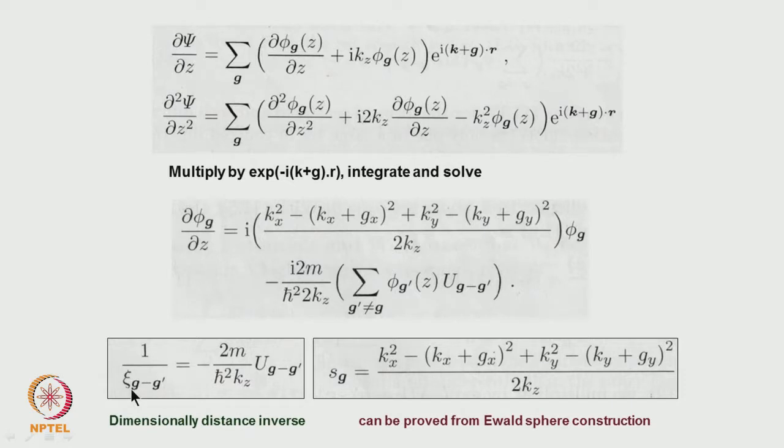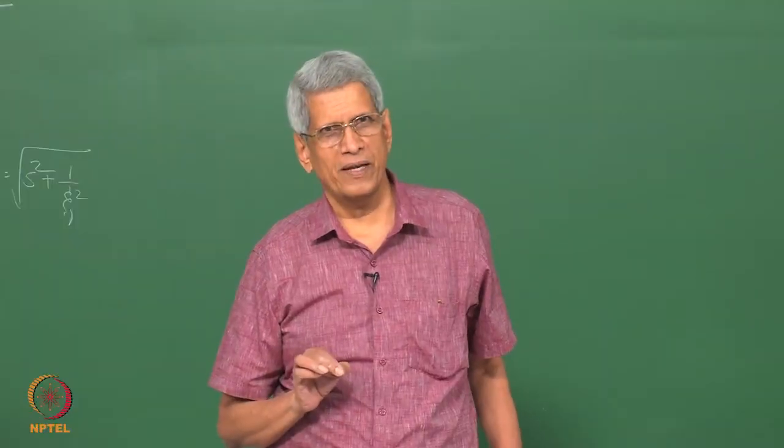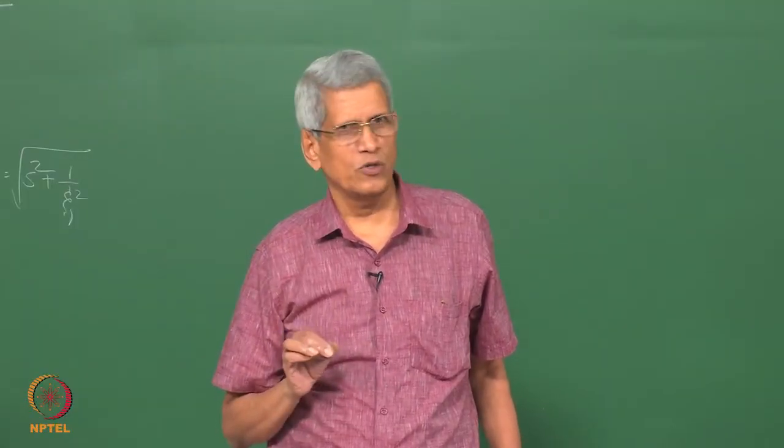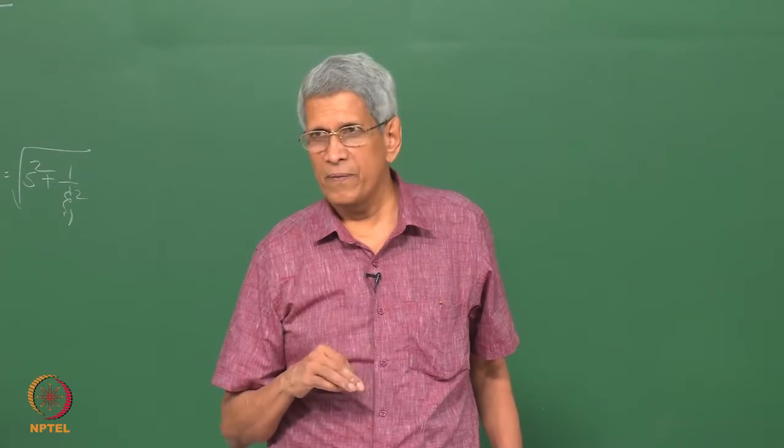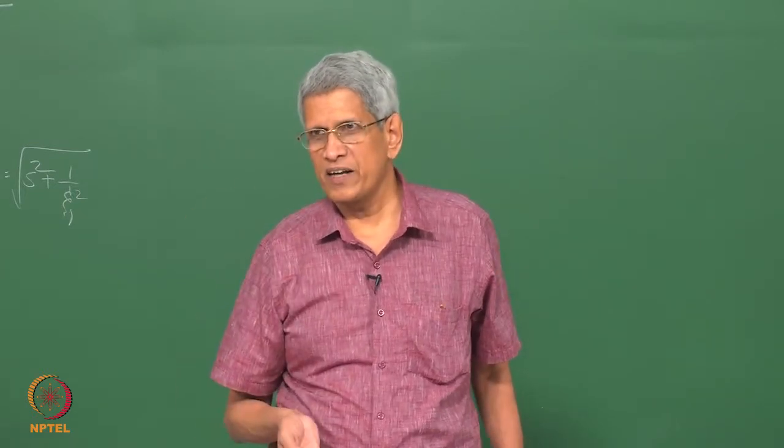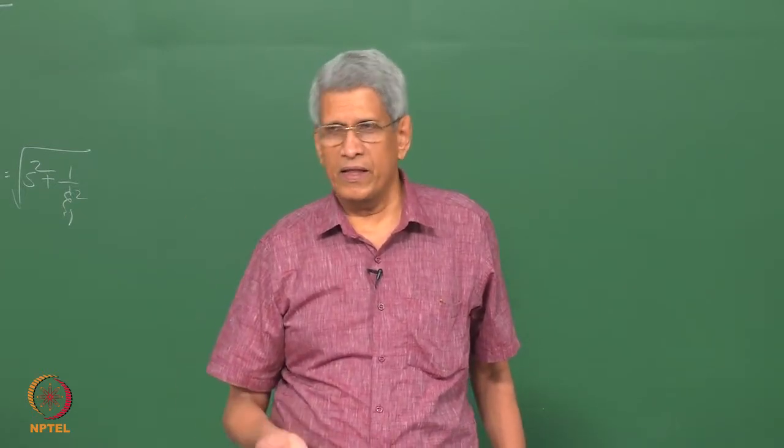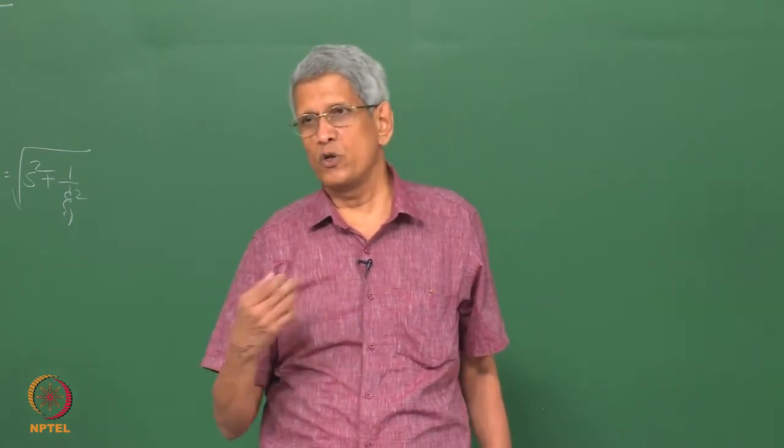You understand that? So, extinction distance directly depends upon the potential within the sample. If the potential is very weak, then psi g is going to be large, and when the potential is very strong, psi g is going to be small.